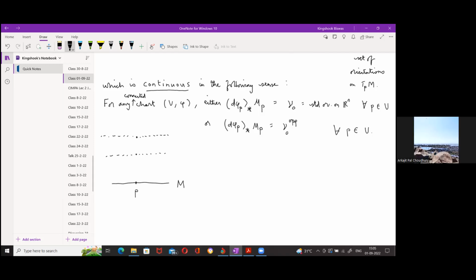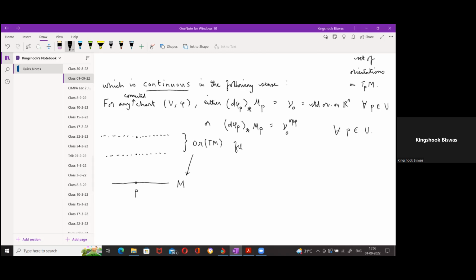Let me call this set or(TM). This set comes with a projection to M such that the inverse image of any point is 2 points, and locally this is a product. So this is what is called a fiber bundle over M.